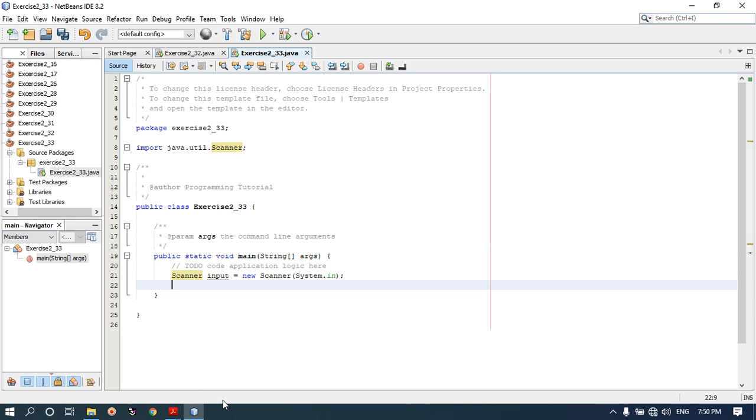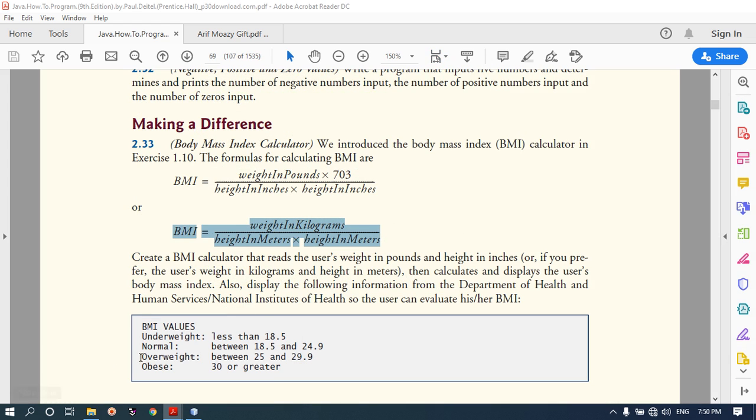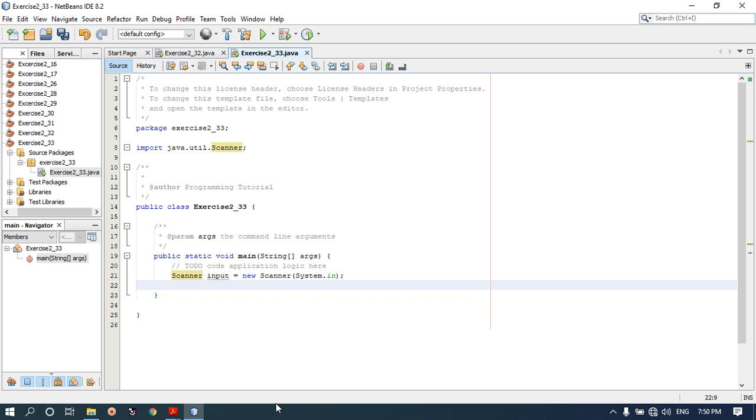Now we have two inputs here. One is weight in kilogram and height of a person. So both of them can be double. We must get double inputs.